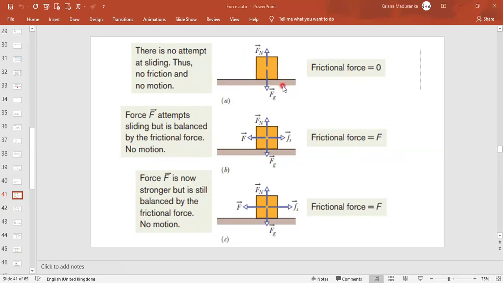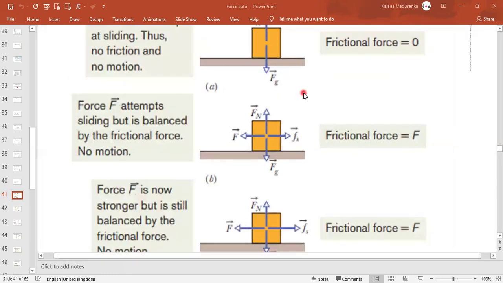Here we have the counter, and the first scenario is there is no attempt at sliding, which means the velocity of the book is 0. The book is at rest, right? So if the object is at rest, is there any friction force there? What is the value of the friction force? It is going to be 0.